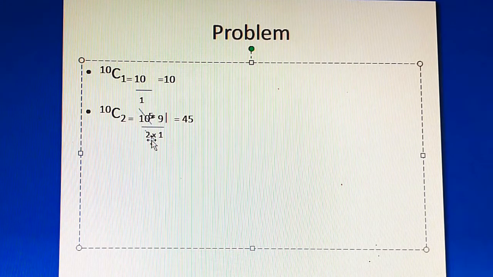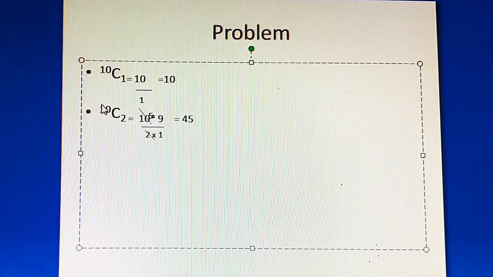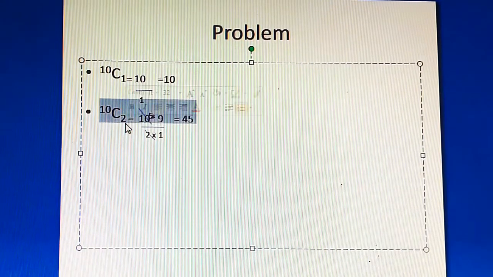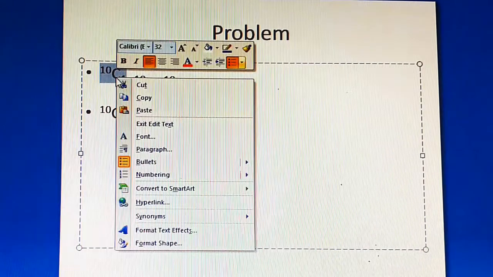What is r actually? 2 times 1. So 2 and 10 will get cancelled, 5. So 5 into 9 will give you 45. This is the answer. If you want, I'll explain with another example. These are the fundamental concepts of combination.